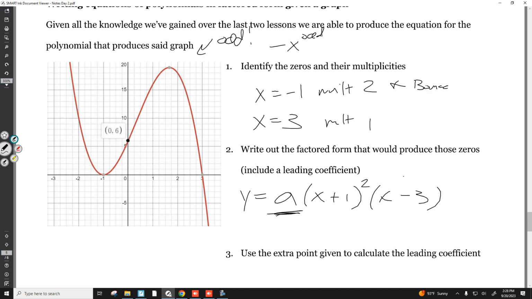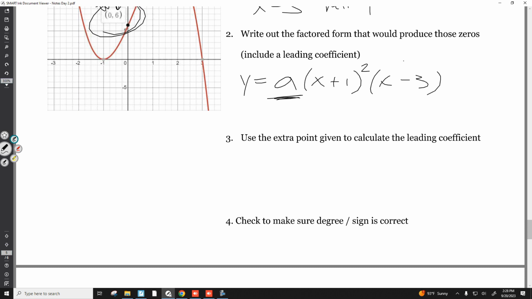So, we will be giving you extra information sometimes, like a point. That's a point on the graph. That means when you plug in 0 for x, your y better be 6. How can we do that? When you plug in 0 for x, your y better be 6.